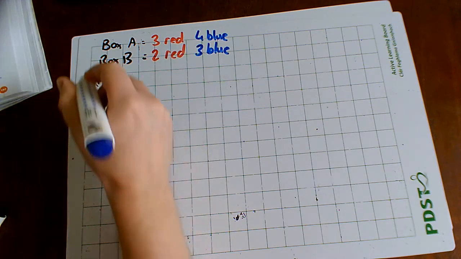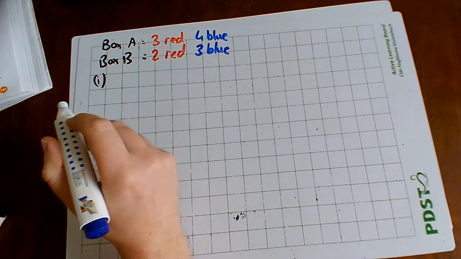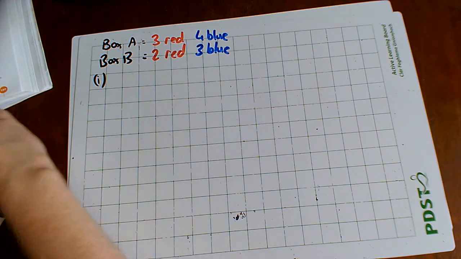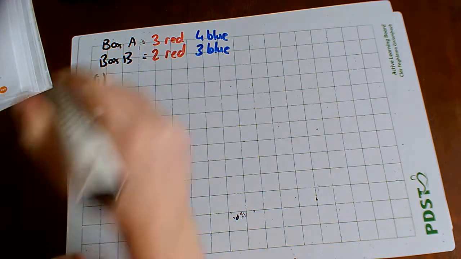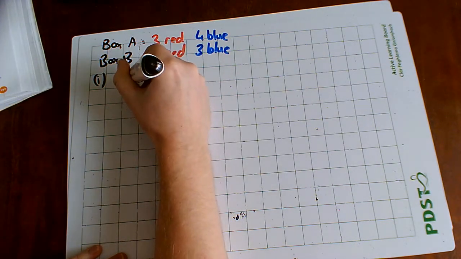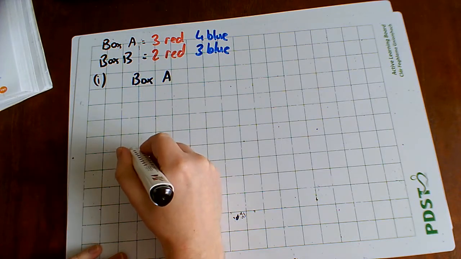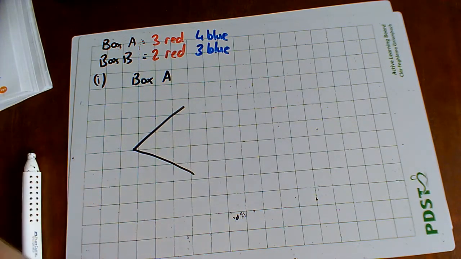So it says, part 1, draw a tree diagram to show all outcomes. So to show all outcomes, first box, I'll do this in black pen. I've got my red pen ready as well. Box A has 2 outcomes, red and blue.